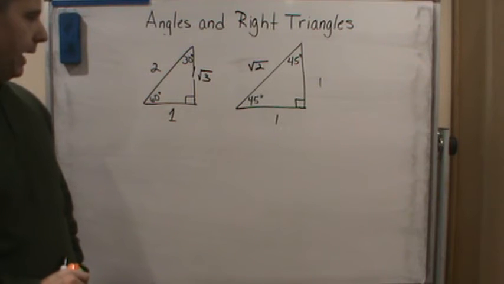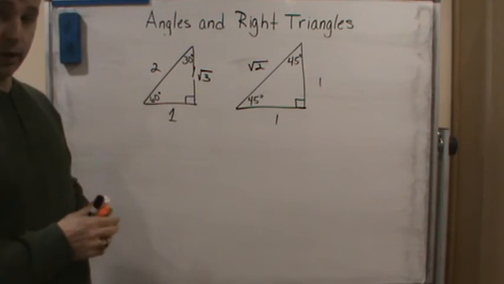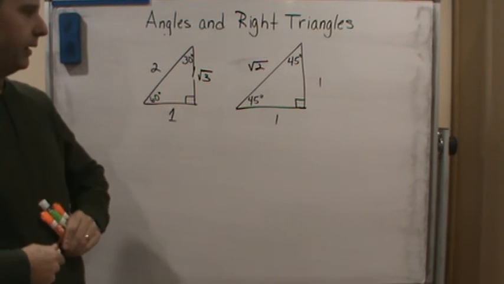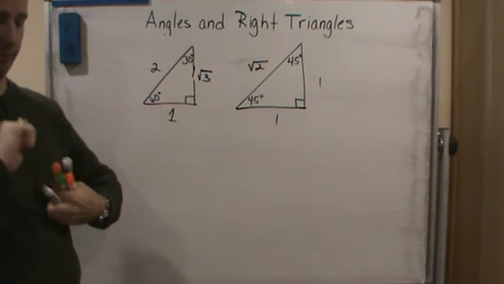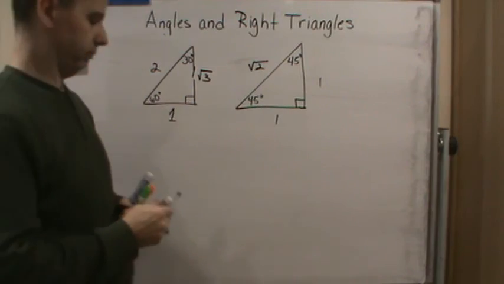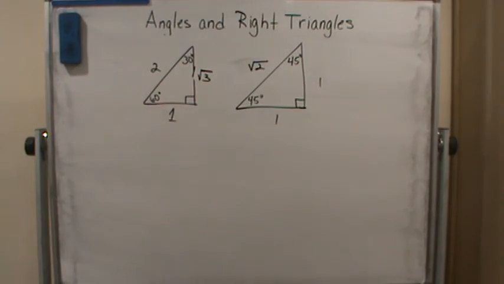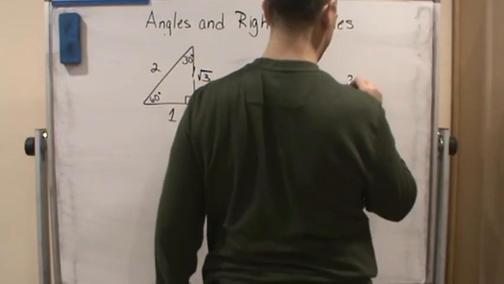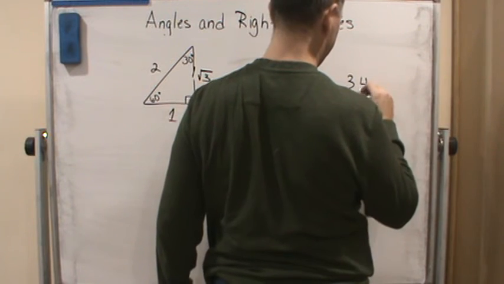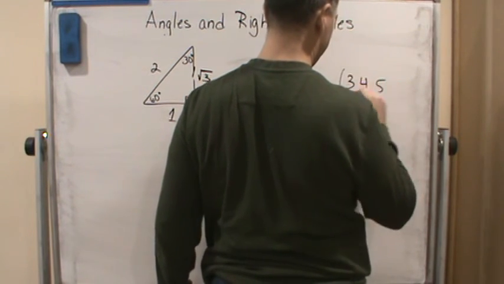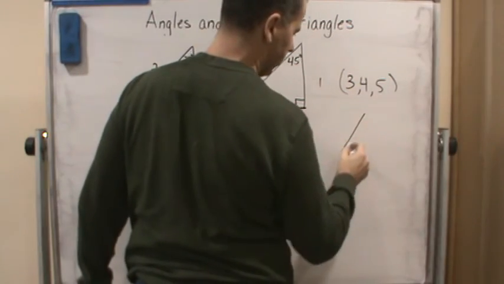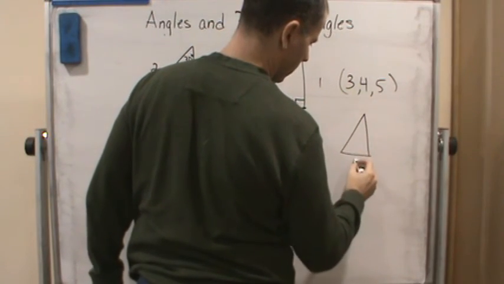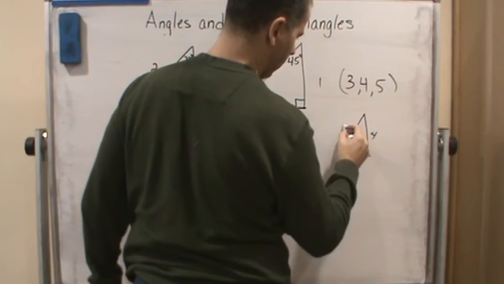And there are other special triangles out there too, like the 3, 4, 5 triangle. A 3, 4, 5 triangle is a triangle that has sides 3, 4, 5.